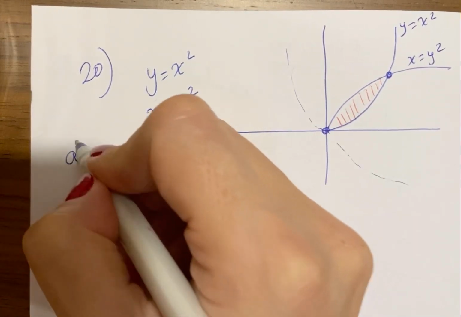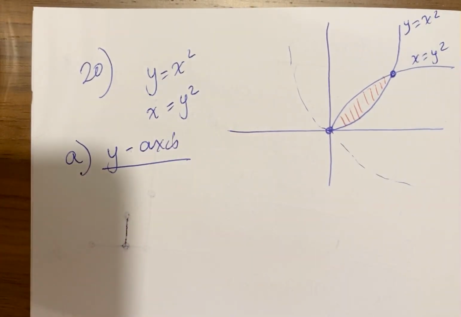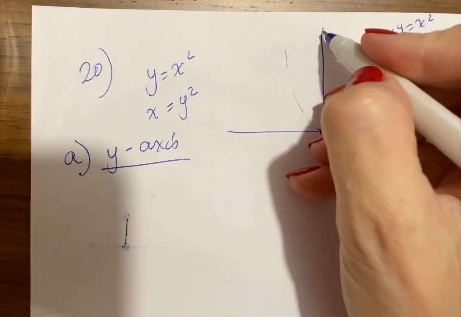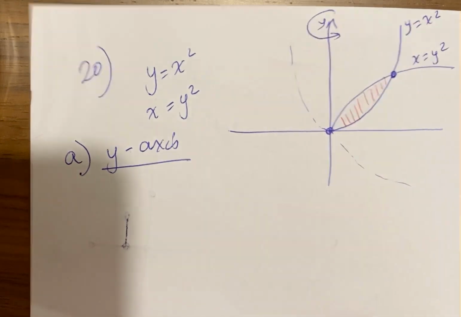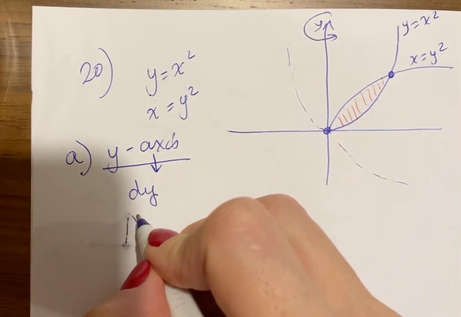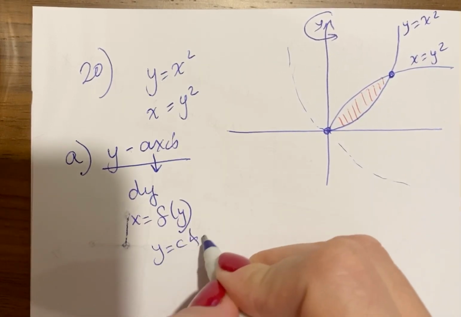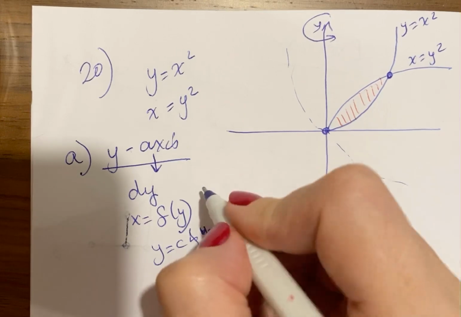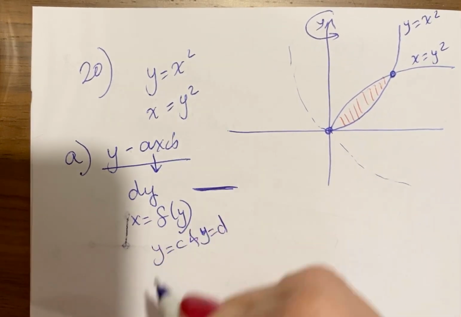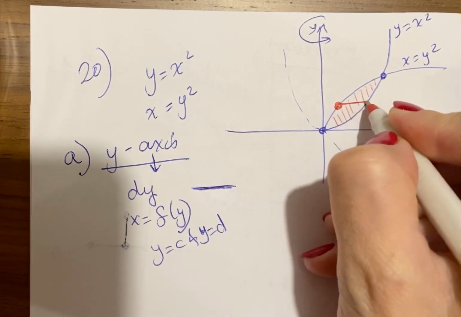First, they want to rotate it about the y-axis. To rotate it about the y-axis, this is the y-axis. What did we agree? Y-axis rotation, meaning dy, meaning x is a function of y. Limits are limits of y. And the lines that we draw are horizontal, not vertical lines. How does a horizontal line in our region look like?